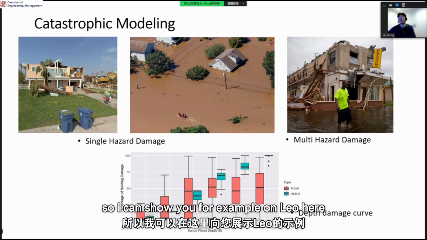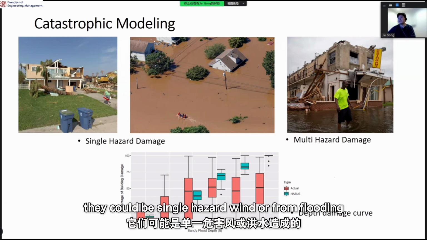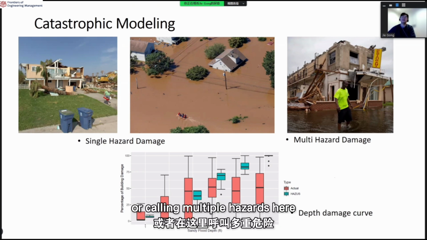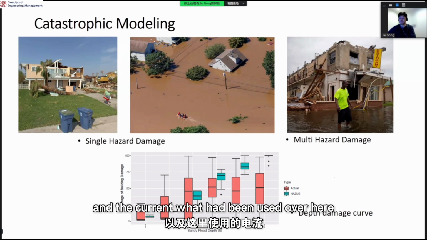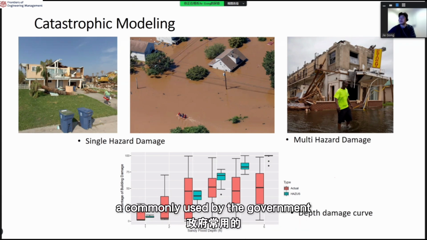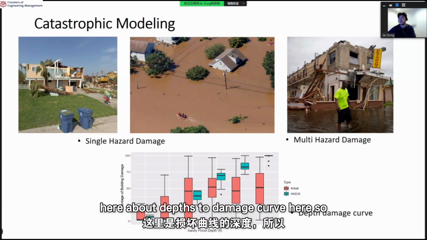There could be a single hazard, wind or flooding, or multiple hazards. For flooding, this shows a depth-damage curve commonly used by the government in the United States.